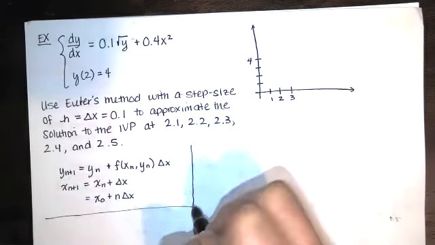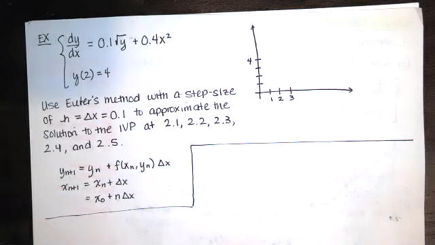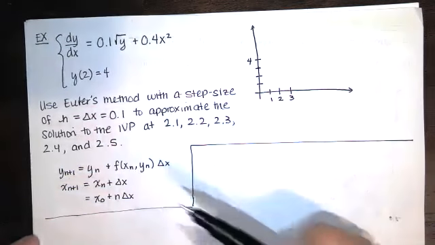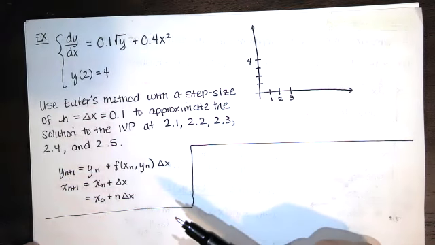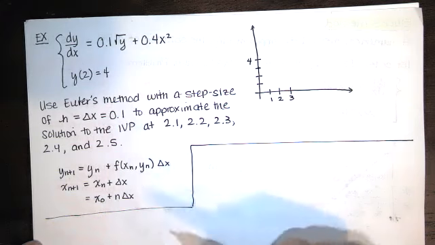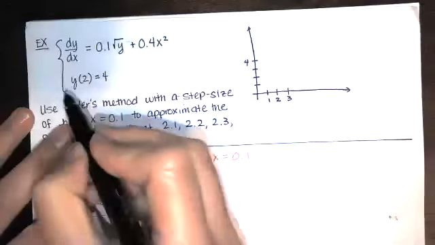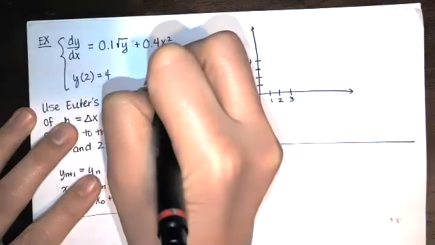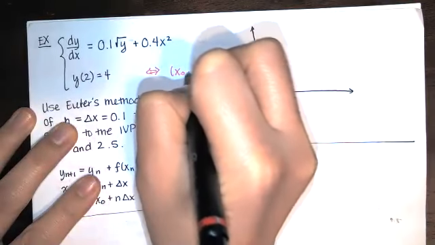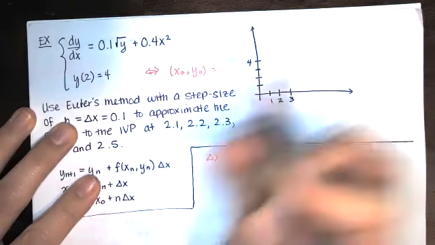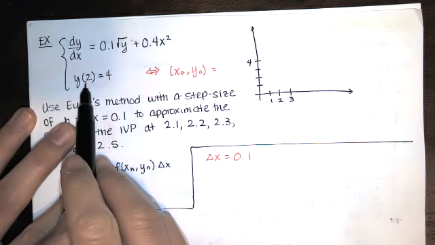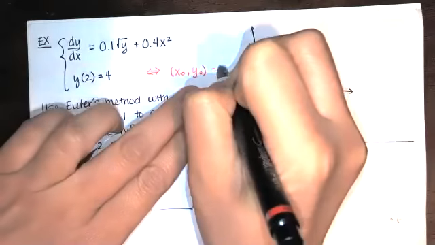And with that in mind, let's find our first approximation. Now we were told that delta x equals 0.1, so I will write that down. And this tells me that x naught, y naught, that point on the solution curve where we start, is the point x equals 2, y equals 4.